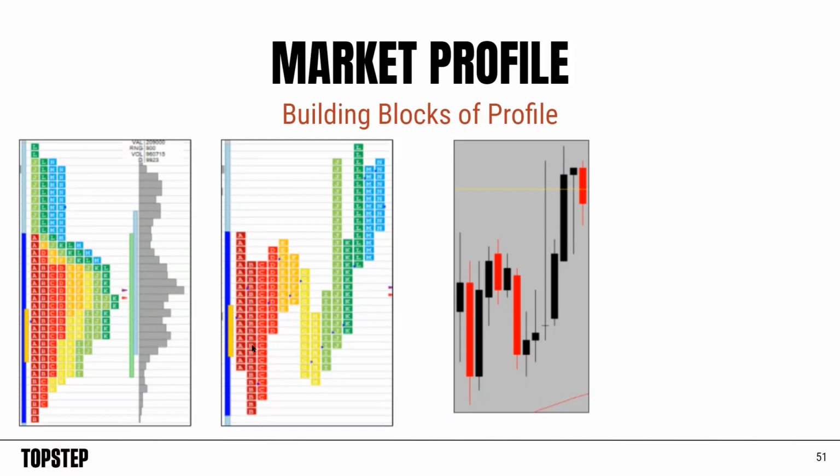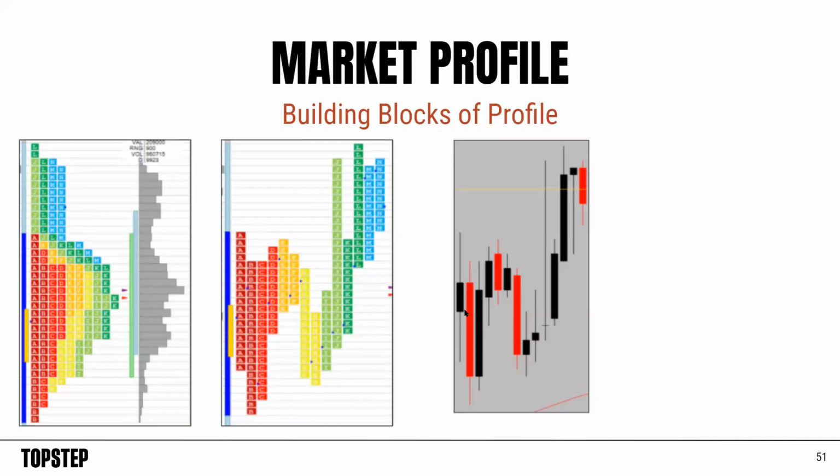If I was to spread out this profile, because all of these TPOs range in 30-minute increments, what I'm looking at here is exactly the same information as the 30-minute chart. We see the A period open here.